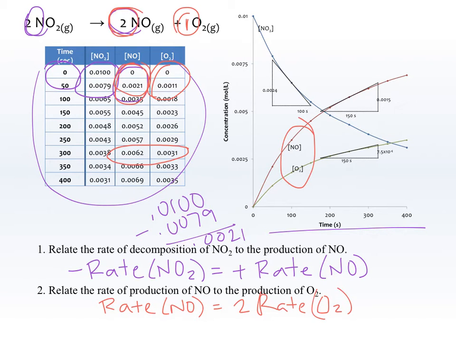Notice that I've said twice the rate of oxygen, even though in the reaction the 2 is in front of the NO, because I would make one oxygen for every 2 NOs, so I would need to double the oxygens to equal the same as the number of NOs.